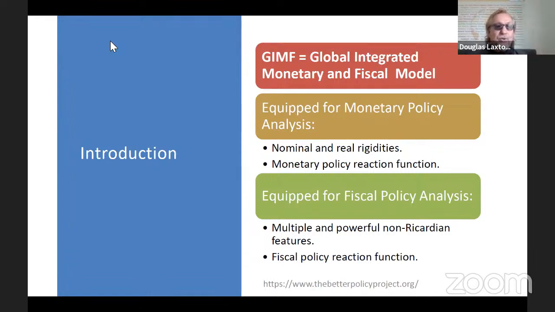So I'm going to show you the difference in an infinite horizon representative agent model and what we have here. And of course, if the interest rate is above the growth rate of the economy, which it is now, you have to have a fiscal policy reaction function that adjusts the primary balance sufficiently aggressively to anchor debt dynamics. And so that insight of these models is very, very important.